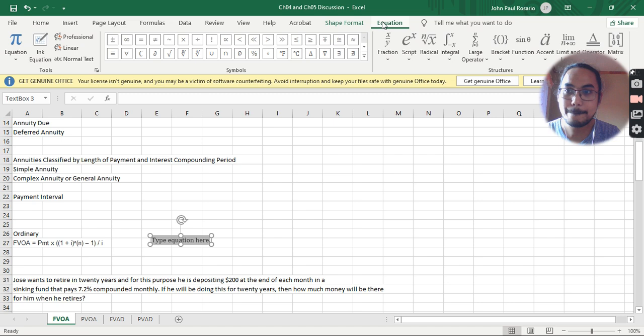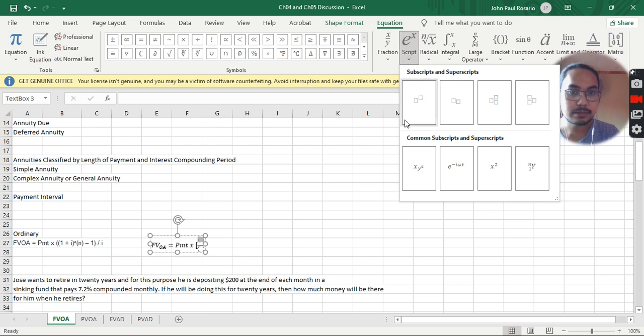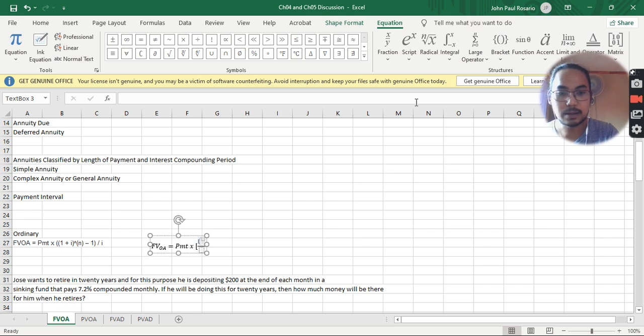FV, or future value of ordinary annuity, is equal to payment multiplied by a fraction: 1 plus i raised to the power of n, minus 1, over i.